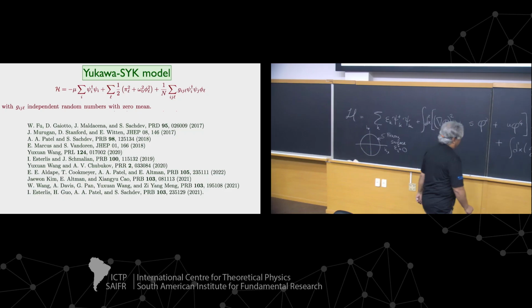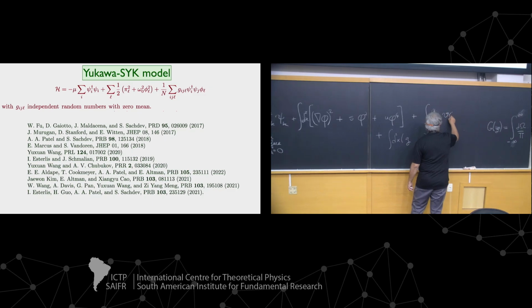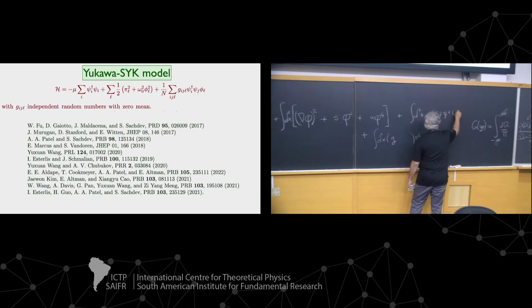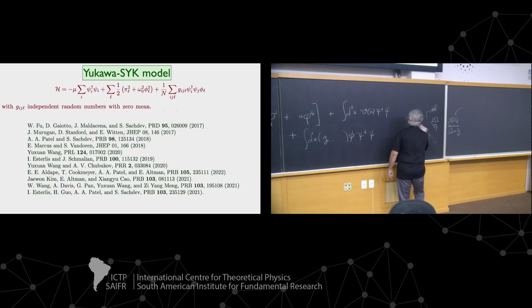The way people normally put in impurities, which we will also do, is you put in some potential V of x that acts on the fermions. So this thing is a random function of position. This is what you do in the theory of disordered metals. So V of x prime, and the disorder average is some V squared times delta of x minus x prime.